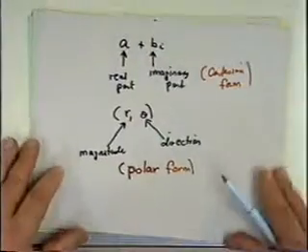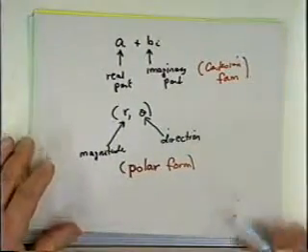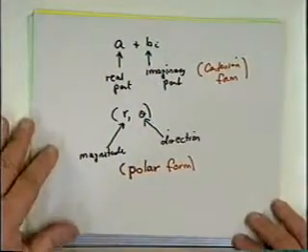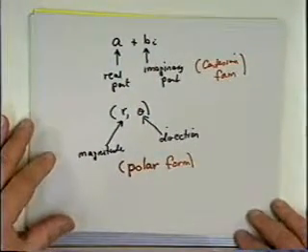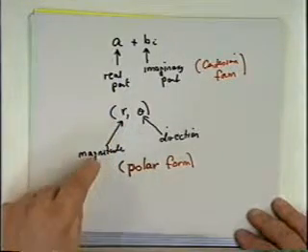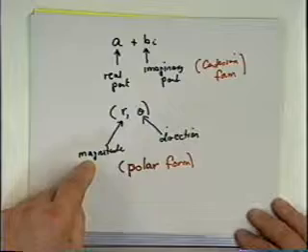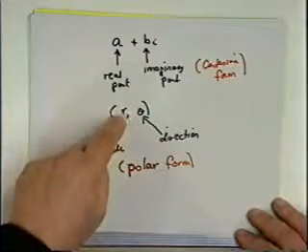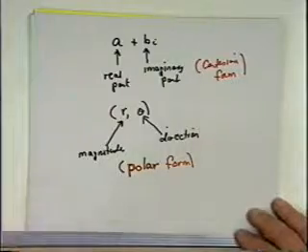By way of review, in Cartesian form, a complex number has the form A plus Bi, where A is called the real part and B is called the imaginary part. In polar form, we measure the distance of the point from the origin and the direction that the line from the origin to the point makes with the positive x-axis.